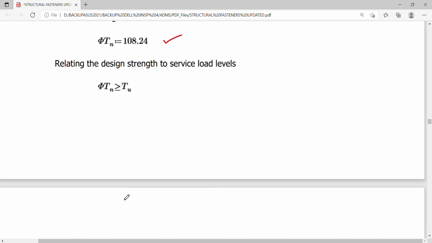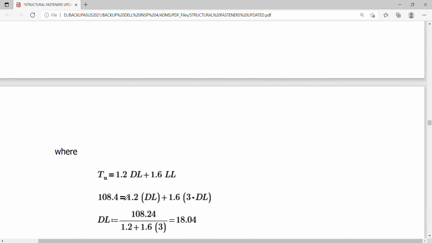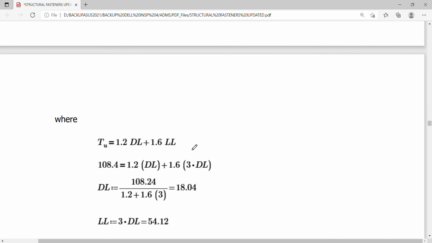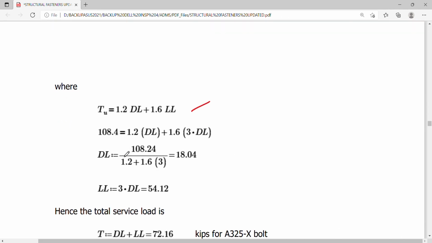Relating the design strength to service load levels, take note that the dead and the live loads are the basis for your factored combination here. So we simply equate this with this. We know that the live load is 3 times the dead load, so we plug it in and compute for the dead load.